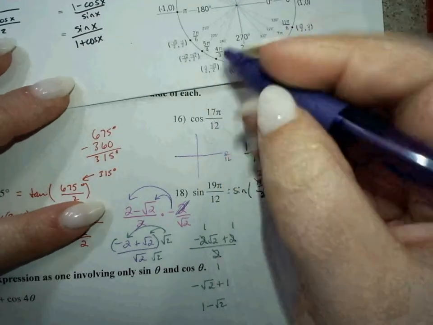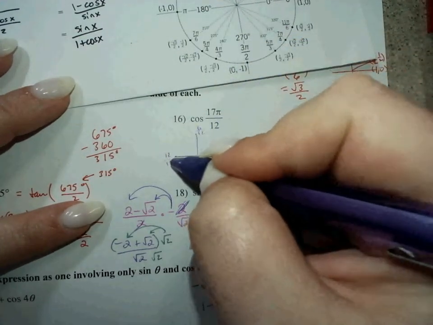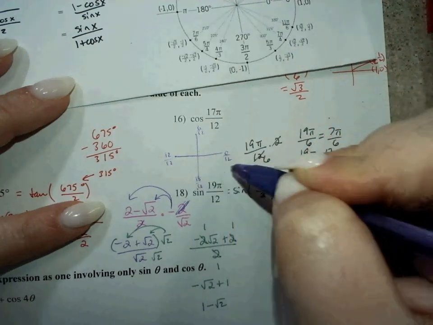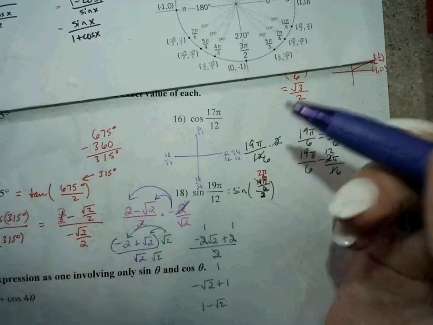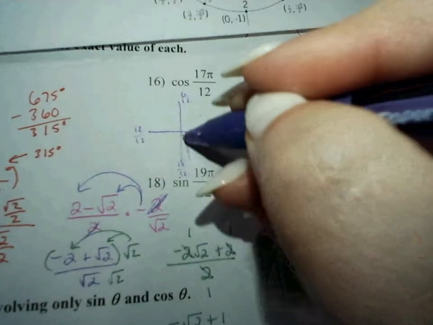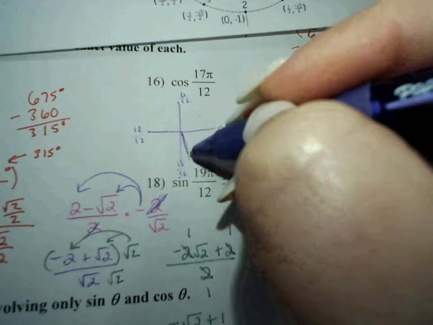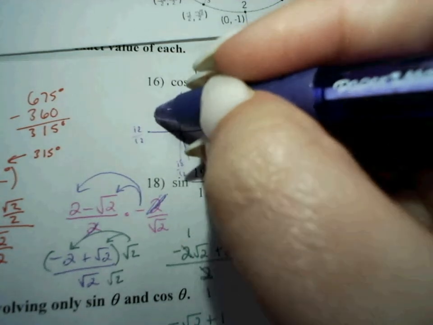Okay. I'm going to do a little something real quick. 0 out of 12, 6 out of 12, 12 out of 12, 18 out of 12, and 24 out of 12 π. And then if you think about 19, 19 is in here.